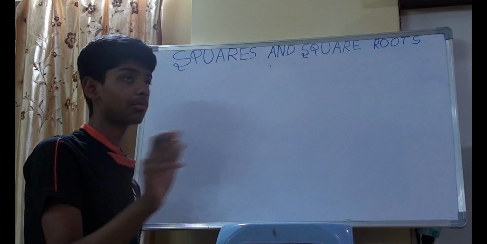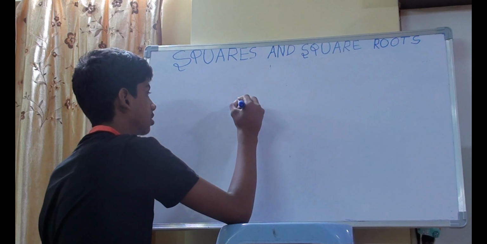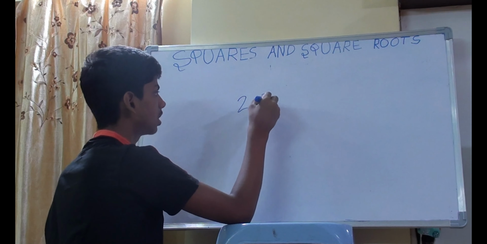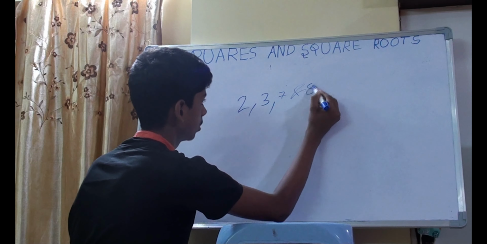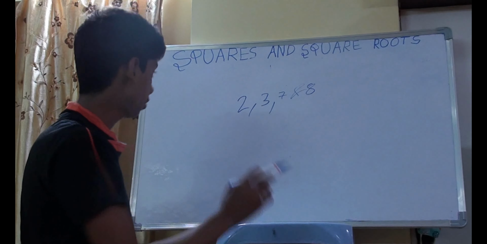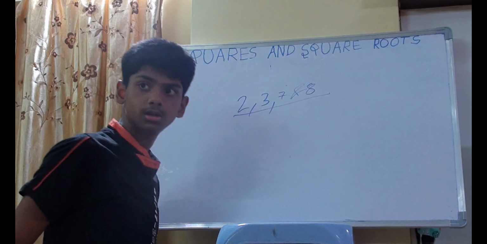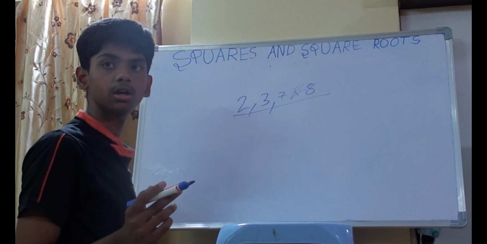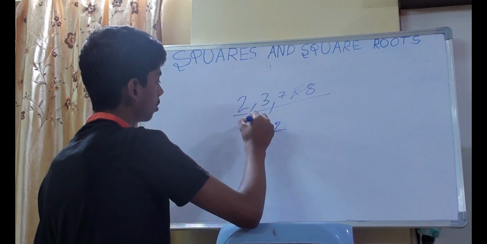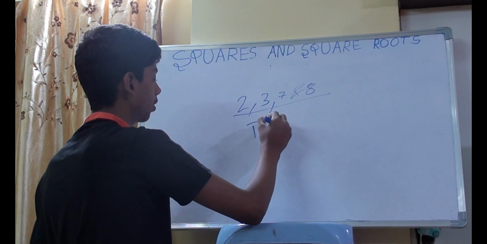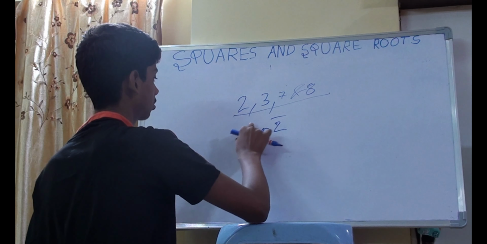A perfect square number never ends with the digits 2, 3, 7 and 8. So for example, let's take a number like 102. You do the division method.